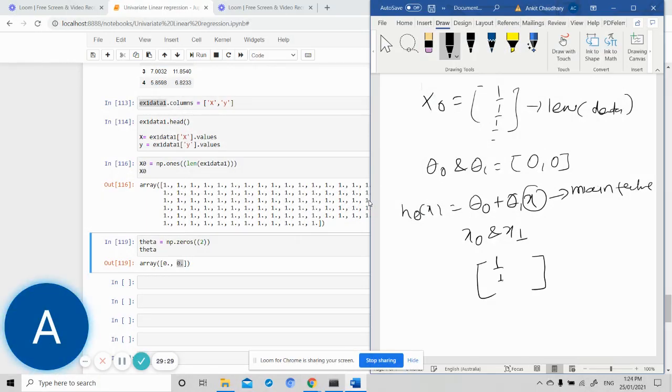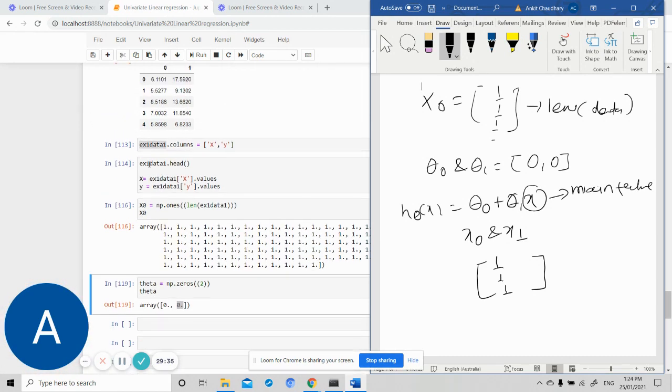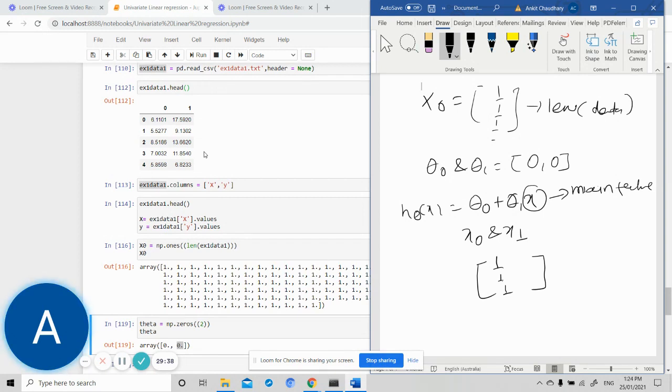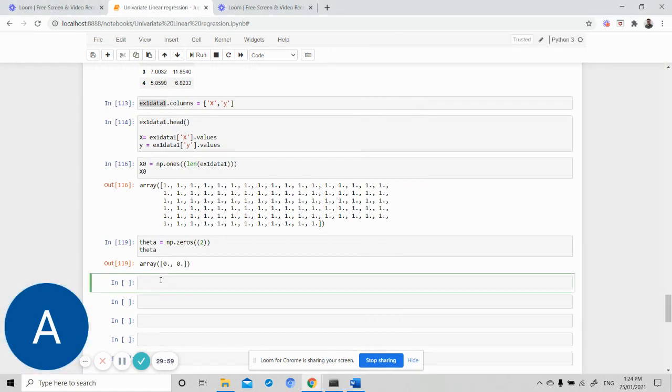So here will be 1 1 1 and another x1, suppose this will be our first feature, which is 6.11, 5.52. Why we are doing this is because we need to do a matrix multiplication. That's why we need to combine both features. So let's combine that first.